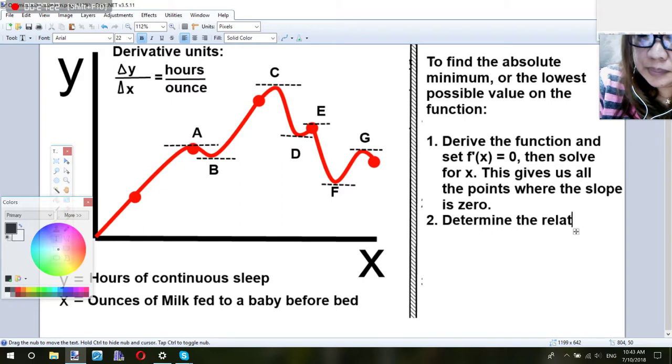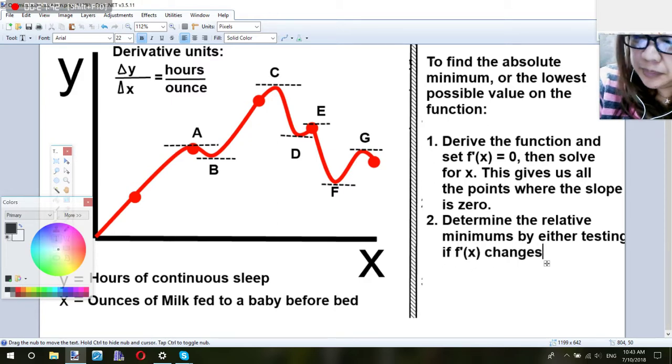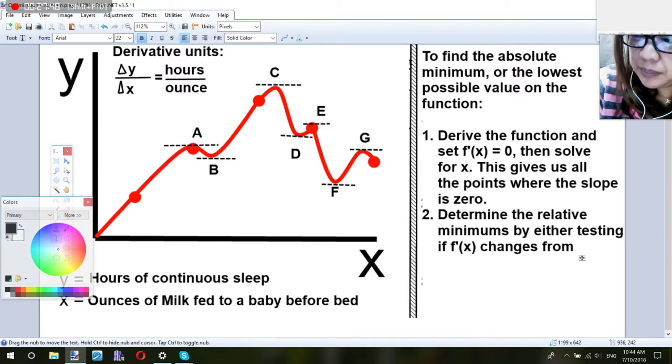Determine the relative minimums by either testing f prime of x, testing if f prime of x changes from what to what. If this is a relative minimum, what will happen to our slope at that point? The slope at the point is 0, but okay, it's going to change from negative to positive. From negative to positive.